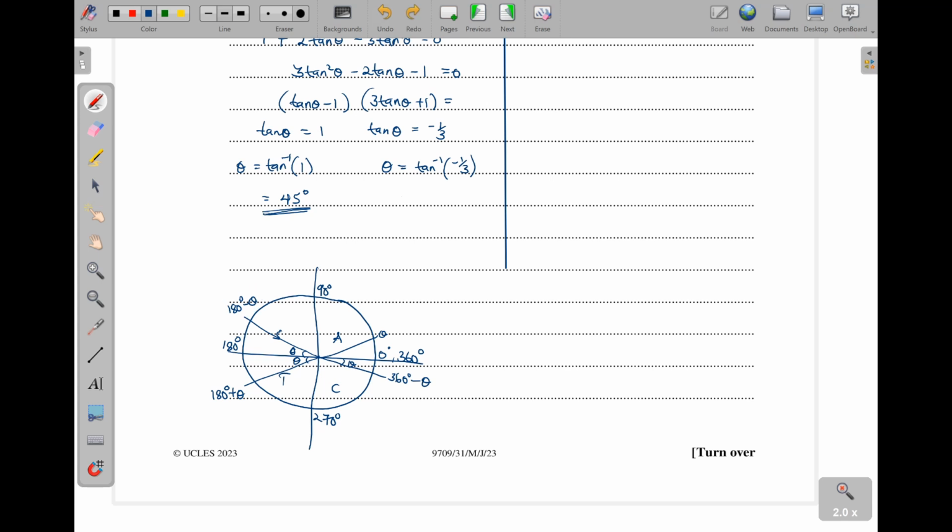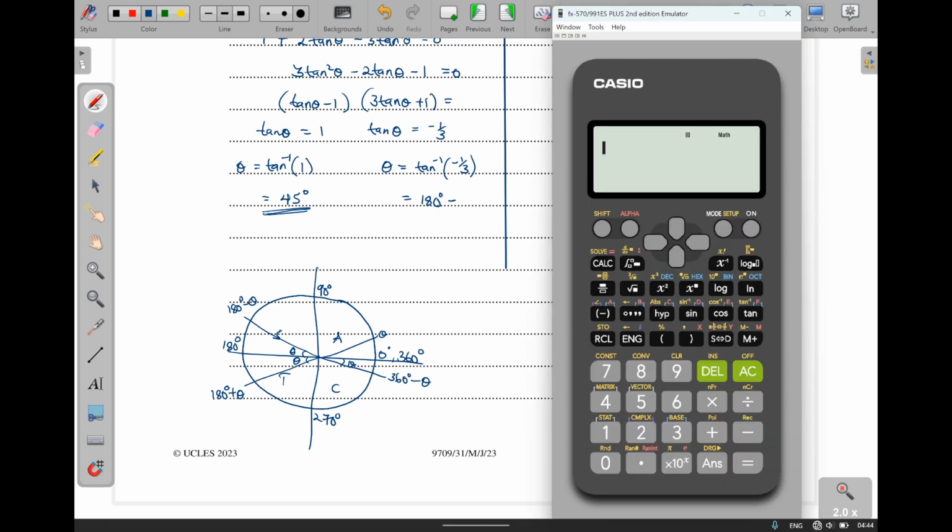So this theta is going to be 180 degrees minus, what do we get when we get arctan of a third? And your calculator has to be in degrees. Now shift, then tan, here we shall have a third. Now suppose I put a negative. Do you see that the answer is negative?